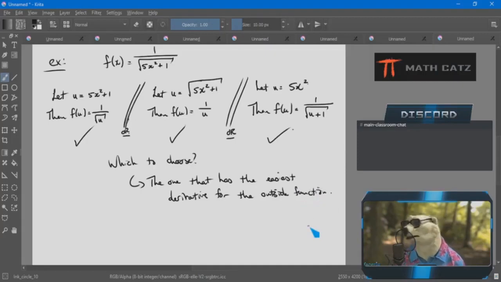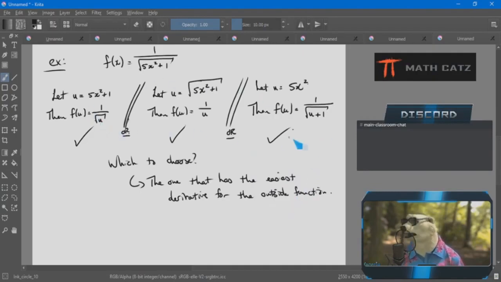Tomorrow we'll see. I have many choices here. I honestly do not care how complicated the inside function is. I can't tell you how little I care about that. I care about the outside function being the simplest, the easiest to find the derivative.